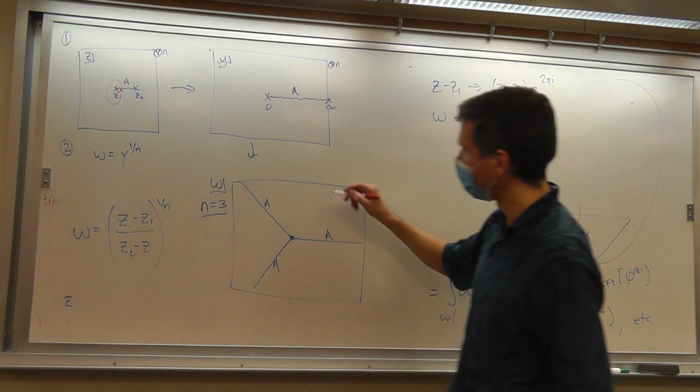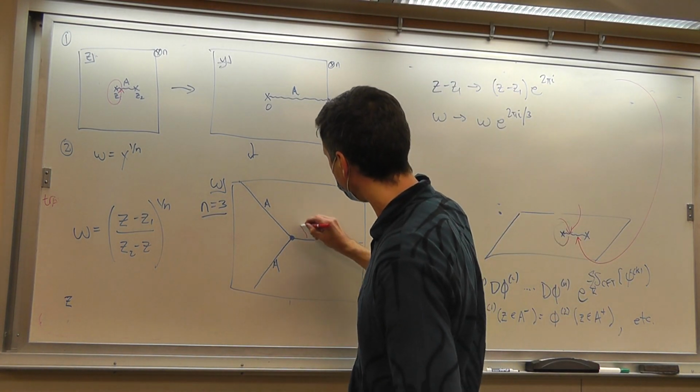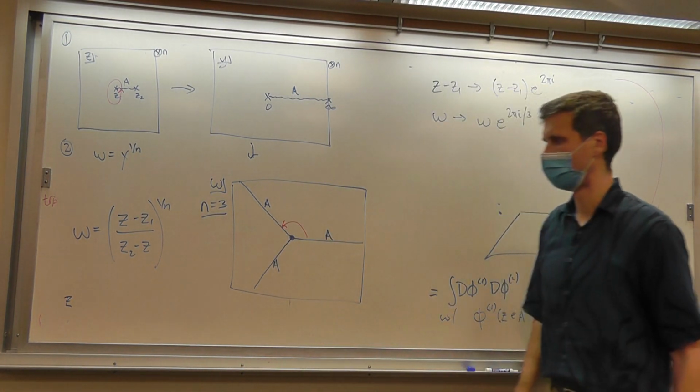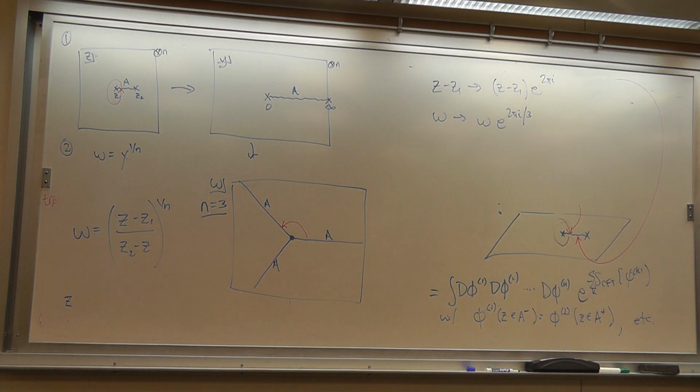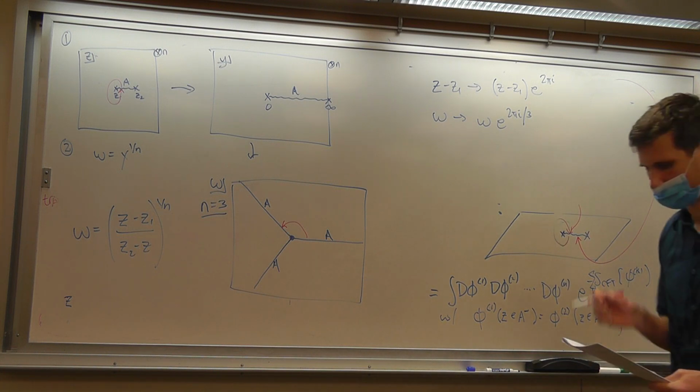So on the w plane, that curve looks like this. At this point, we've successfully uniformized our crazy manifold. That is, we've mapped it to just the plane.